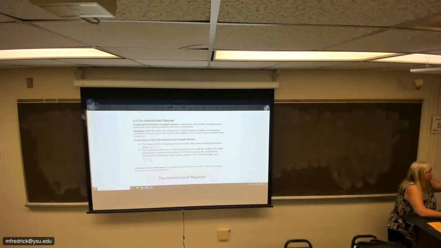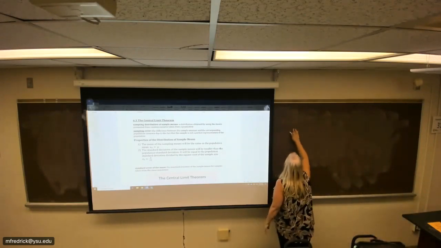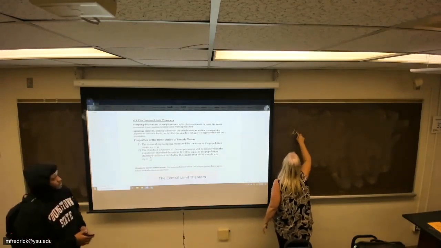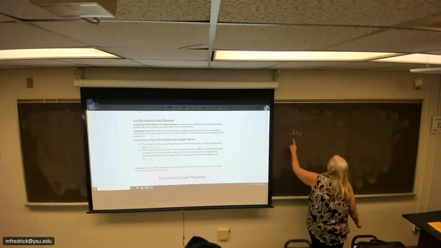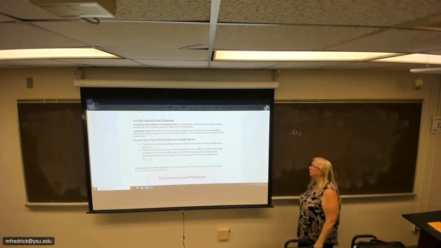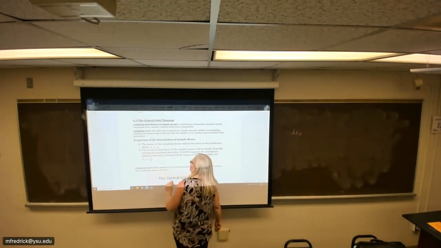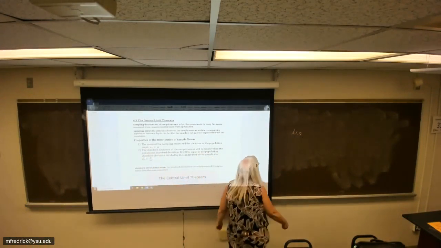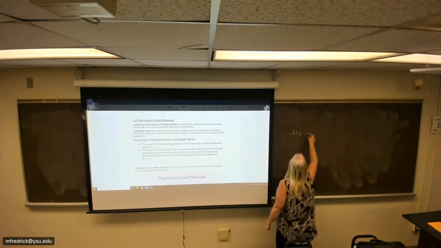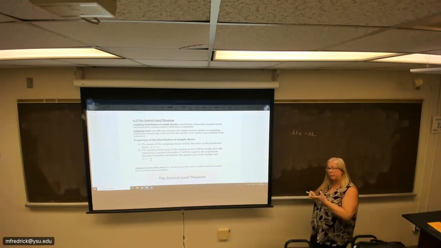Oh, I said population. That's not very clear, the symbols they use. So this is the mean of sample means, and the mean of sample means is equal to the population mean. But the error is not the same.